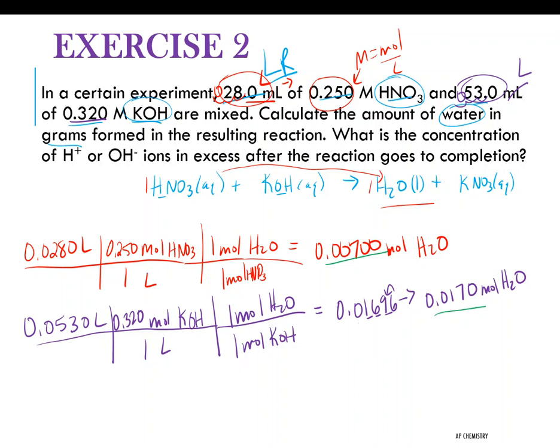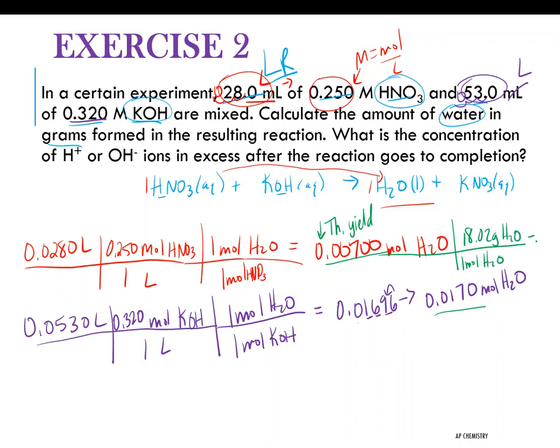The 0.007, because it's less. Yes, the product that comes out the least amount is your theoretical yield. So this is the one I need to convert over, and I can easily do that because 1 mole of water is equivalent to 18.02 grams of water.